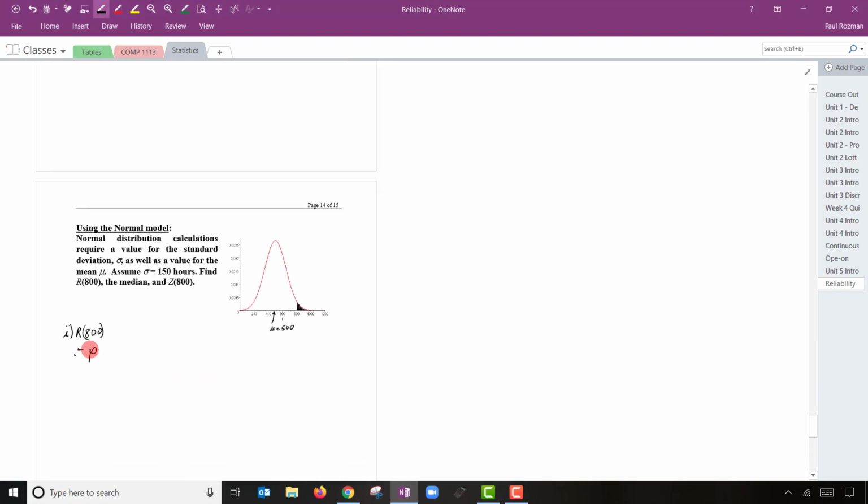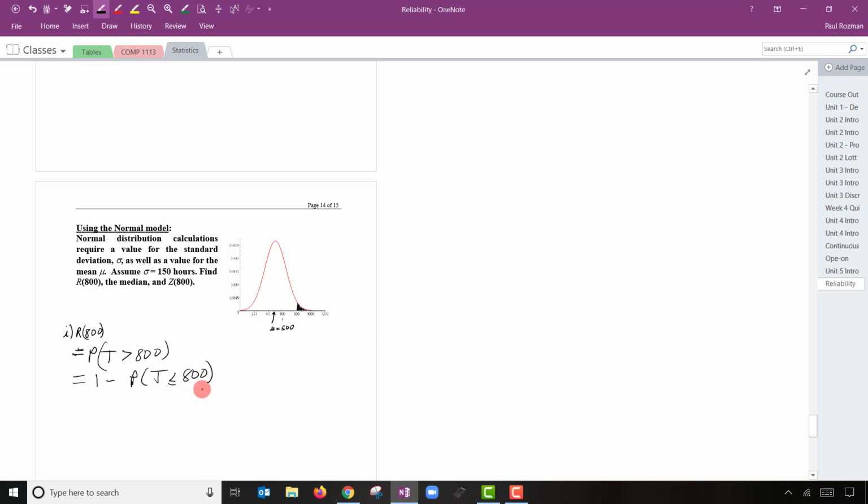That's the probability that t is greater than 800, which, if we're using Excel or a Z table, we would want to do the complement of this anyway. We'll do the unreliability. So 1 minus the probability that t is less than or equal to 800 hours.